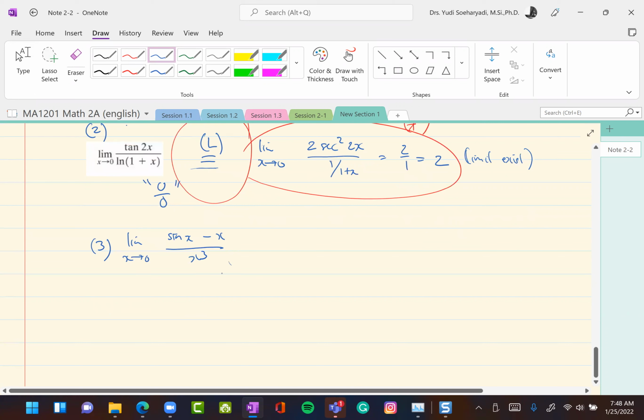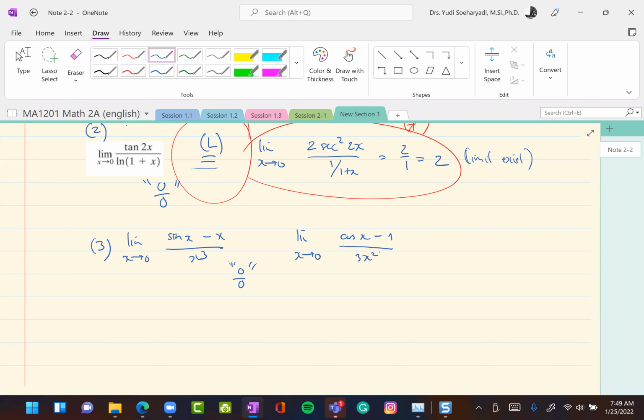If you plug in 0, you get 0 over 0, right? So this is an indeterminate form, okay? So therefore, we would like to use L'Hopital, so we compute the derivative first. Sine becomes cosine, minus 1, over 3x squared.